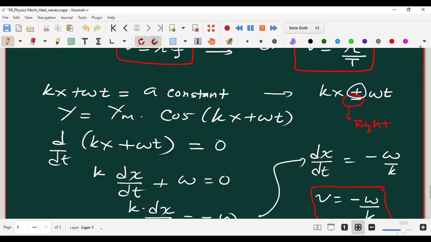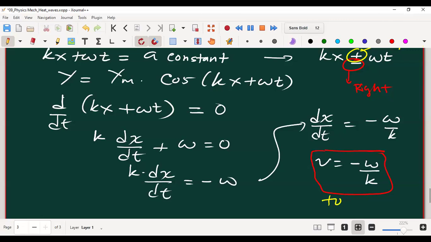You can remember that the sign is important: positive is to the left, because the positive sign becomes negative in the velocity. If this one is positive, the direction of wave is to the left side. But if this one is negative, the direction of wave is to the right side.